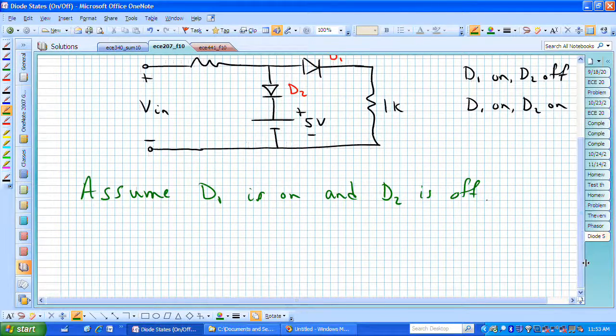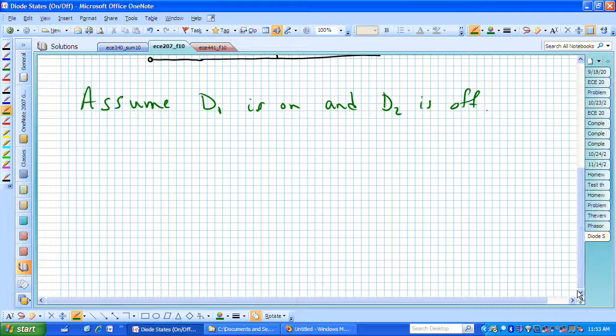In this particular configuration, with those assumptions, we haven't changed anything with respect to the resistor, but now we are assuming that diode D2 is off, so it will be opened up. Diode 1 we were assuming was conducting.